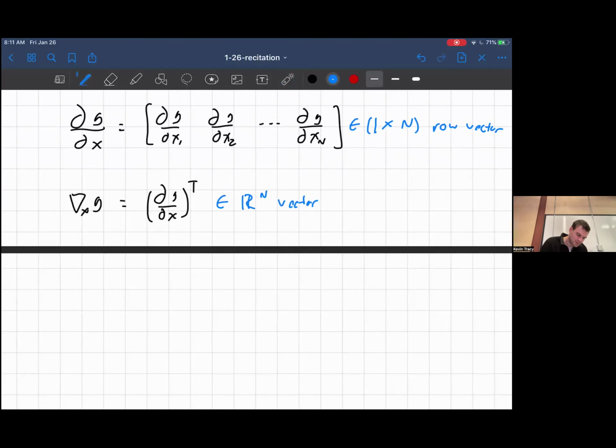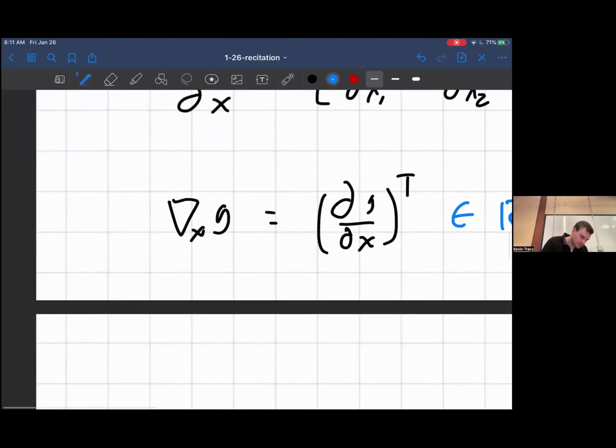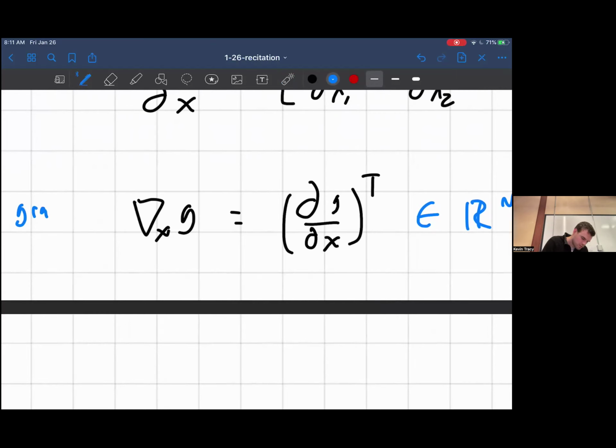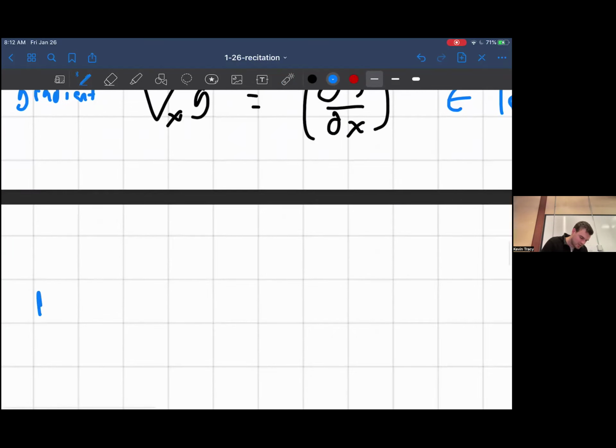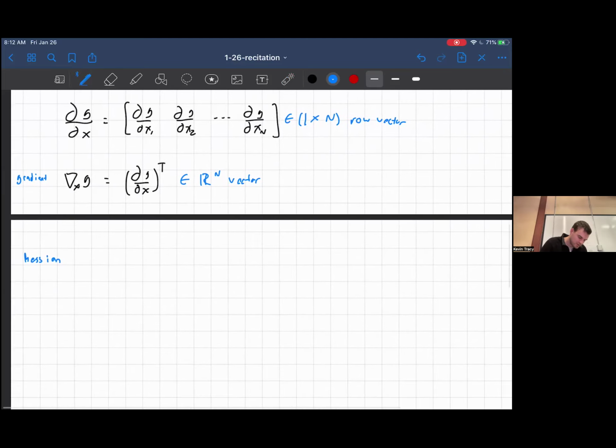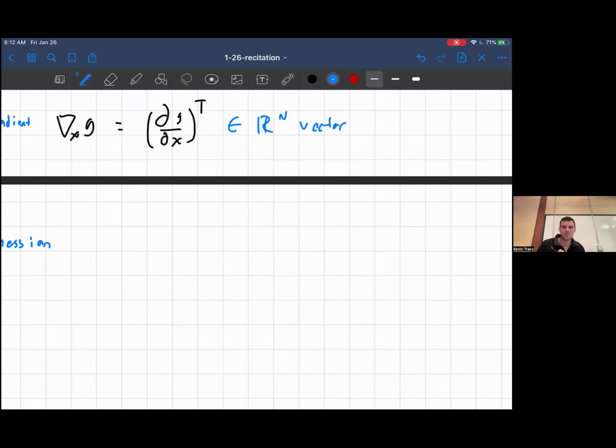And then that leaves us to, and I'll write gradient. The next thing we have is the Hessian. And the Hessian is the Jacobian of the gradient, if you can think about that. So all this is you write it as the squared x g.